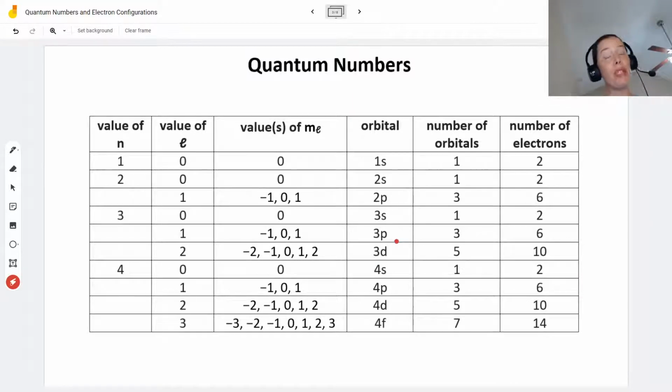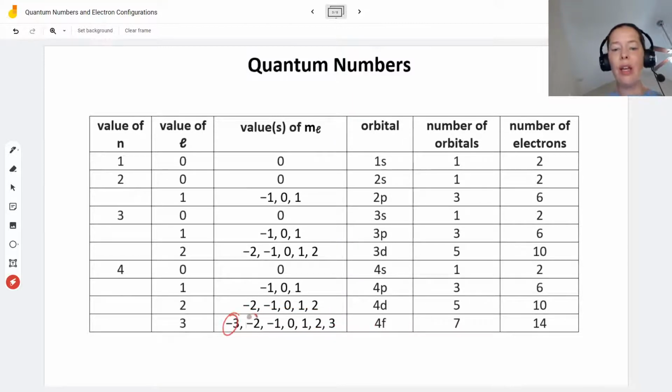Now there's one more type of orbital that I want to introduce, and this is when we get to n equals 4. I've already talked about 0, 1, and 2 for values of L. Now I want to talk about when L is 3. So when L is 3, remember m sub L is going to run from negative L to L. So it's going to run from negative 3 all the way to 3.